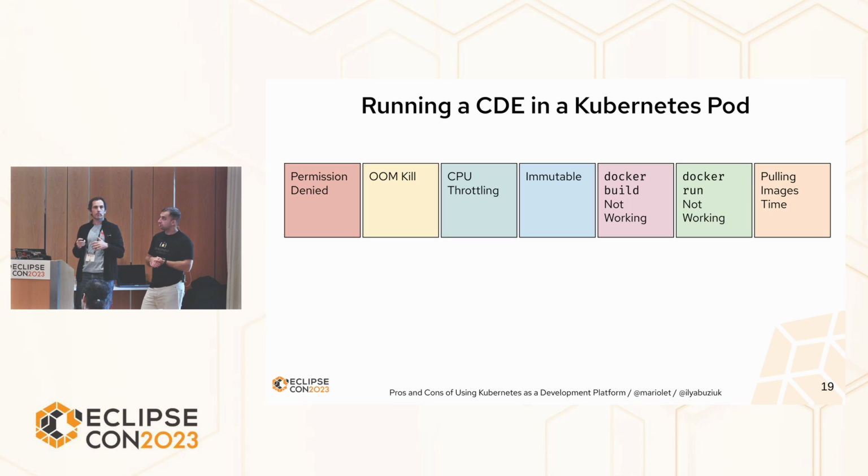First of all, it's unprivileged. So if you are running as a completely arbitrary and unprivileged user, most of the time, if the container image hasn't been modified to actually allow an unprivileged user to run the development tools, it will fail.